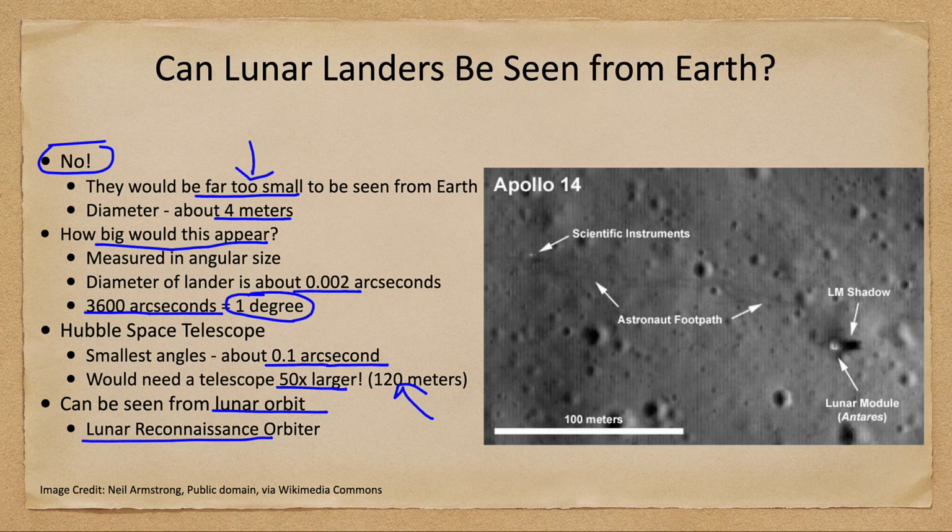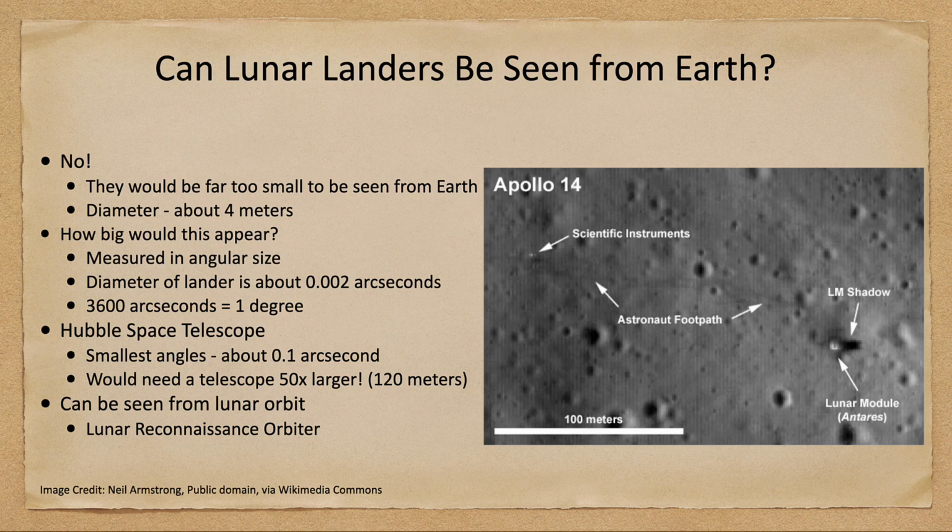And we can see the lunar module off to the right-hand side with its shadow. We can actually see the path taken by astronauts leaving the lunar module and heading out to where the scientific instruments are left toward the upper right-hand side. So it can be imaged, it just has to be done from lunar orbit and cannot be seen from Earth.